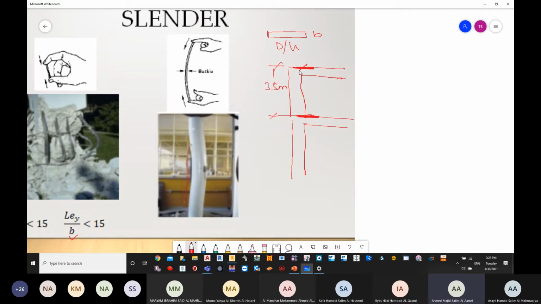If I want to draw the free body diagram or do the idealization for it, this is going to be my length of 3.5 meters.